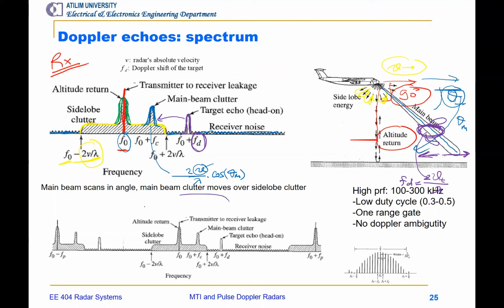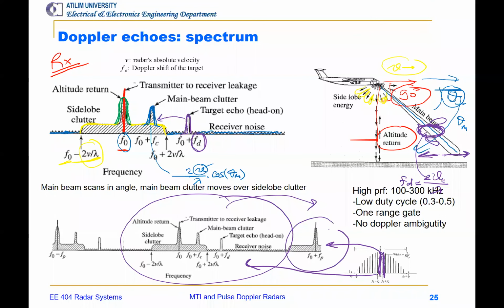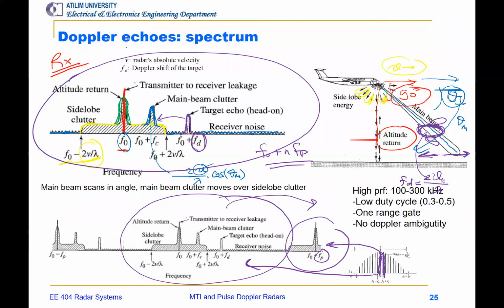Now we repeat this for every tone here. This is the first, the fundamental frequency. The next one, we repeat it again here, but for every FP. So at every F0 plus N times FP, we see the spectrum again and again. Okay, so this is how things are going on in the spectral domain in a realistic system.